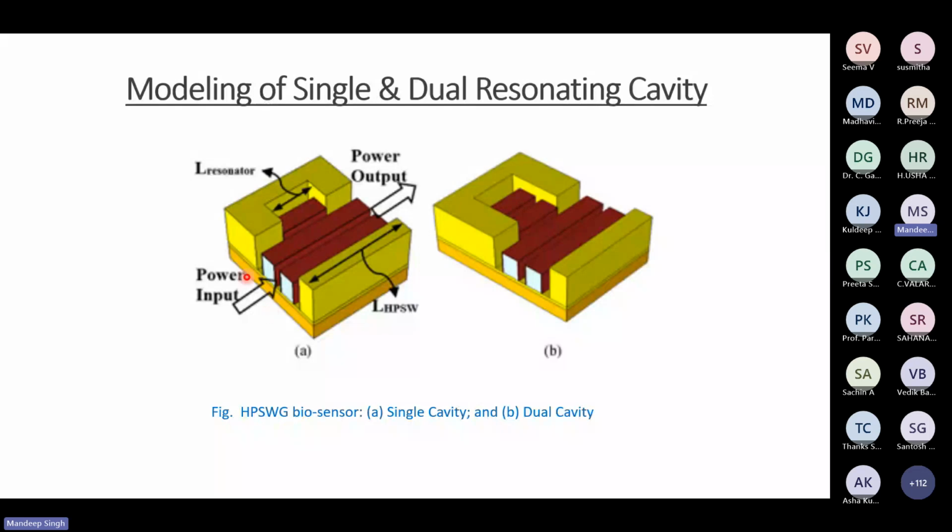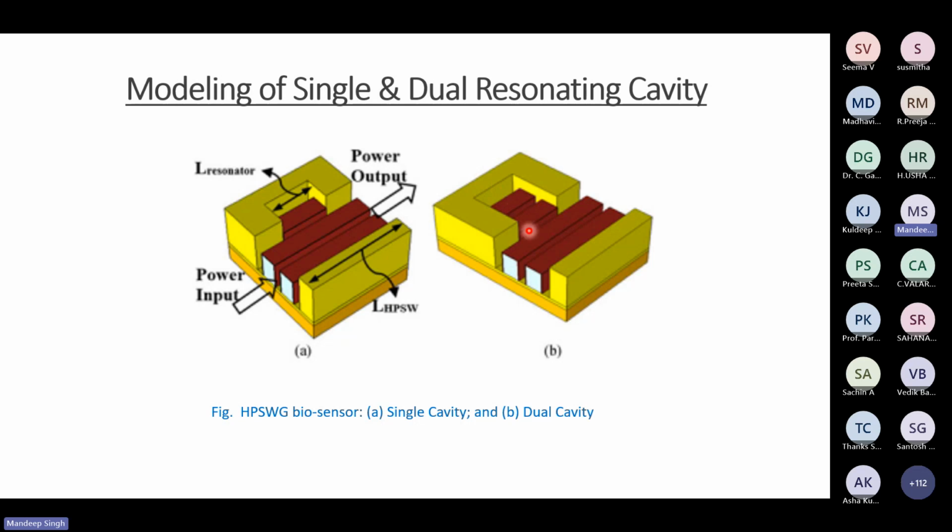Next, let's see the single resonance cavity structure and the dual cavity, and then I will show you the mode profile. You can see they are using the slot waveguide here, and they are making this resonating structure. Here you can see this is a single resonating structure, with an input port and an output port. Next is the dual cavity.